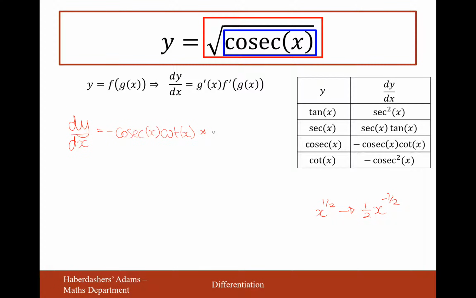So this is going to be equal to 1/2 brackets, but it's not half x, it's half of the inside function cos x to the power of minus a half. So I think we could do probably some simplifying here. It's going to be minus sin x over 2 root cos x.